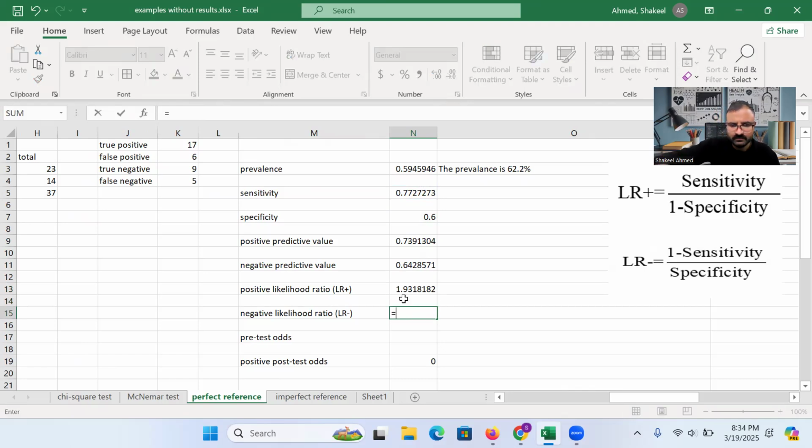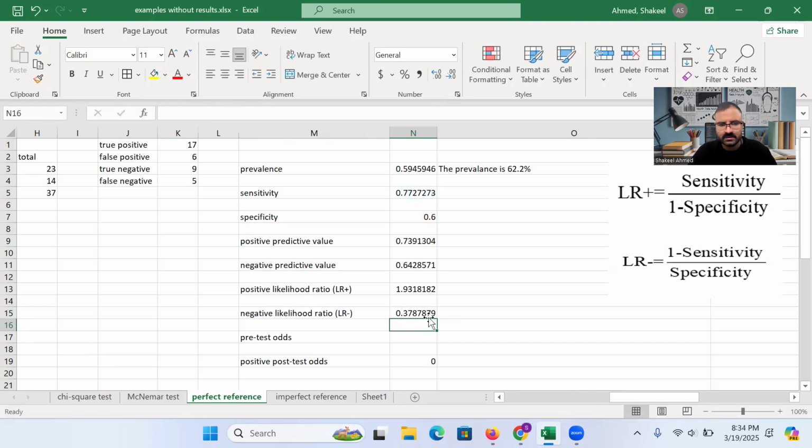And again, the negative likelihood ratio, that is 1 minus sensitivity divided by specificity. So it's 0.37.